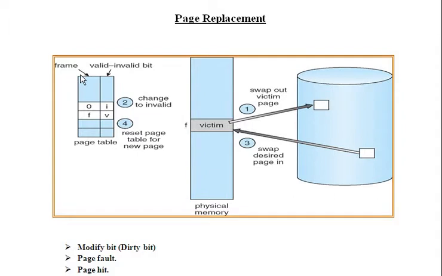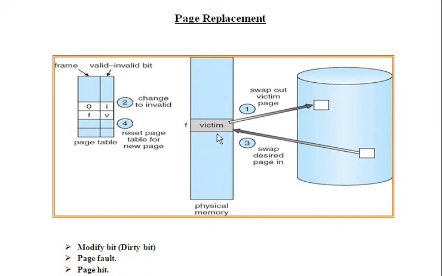There is always a page table through which the CPU checks whether a particular piece of information is there or not. Whenever the CPU requests a page which is not in the main memory, and the main memory doesn't have space for it, the OS has to take care of this.